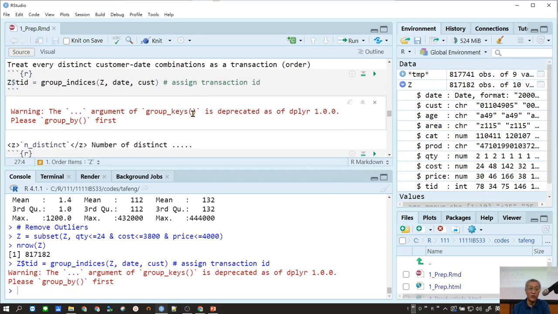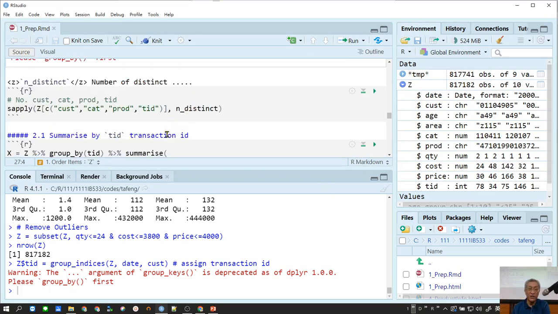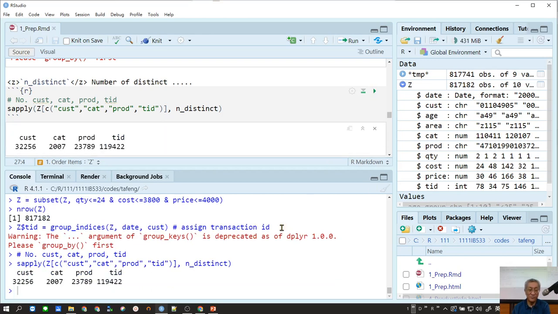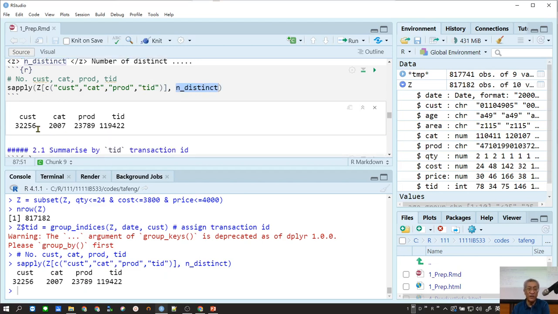Now if I want to see the number of distinct values in customer, category, product, and TID, I'm applying n_distinct. So what does it mean? It means that we have so many transactions. See, Z, this is the item.